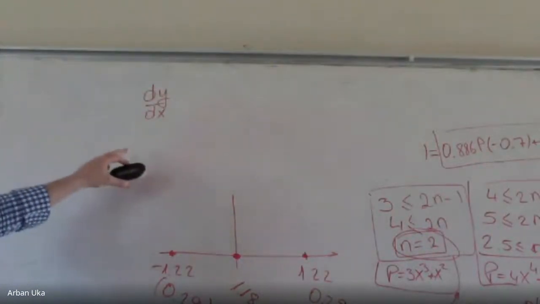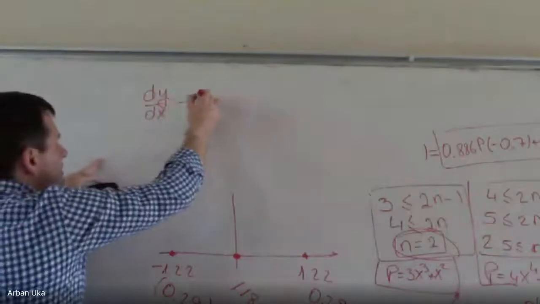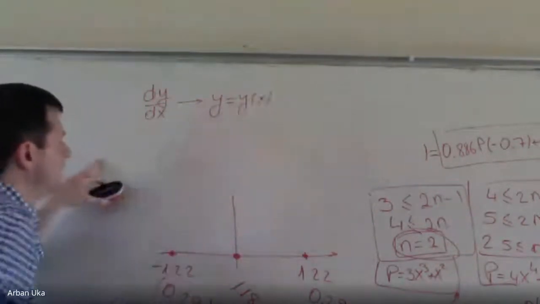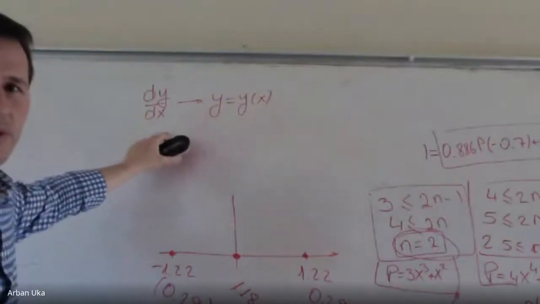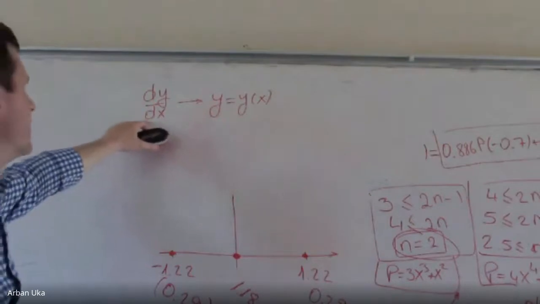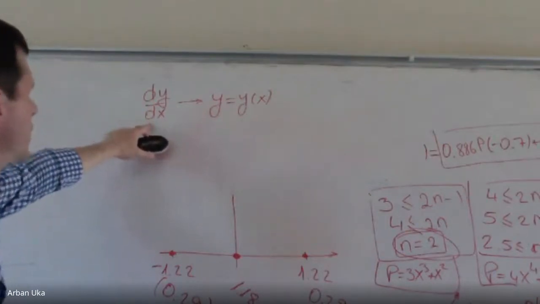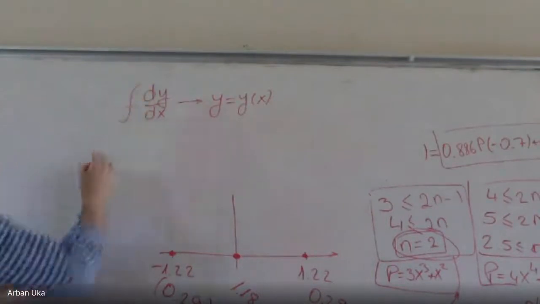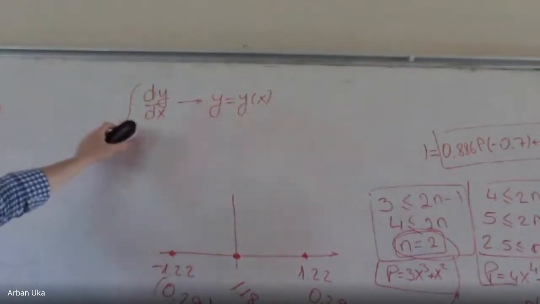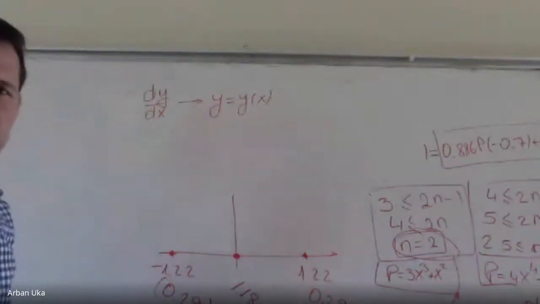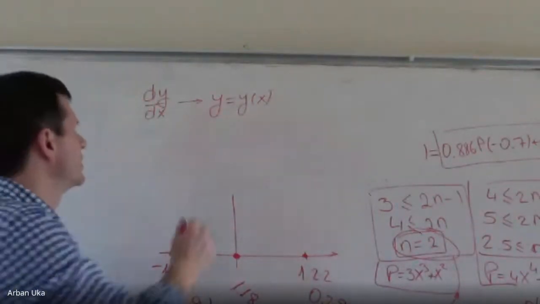You are given something like this, and then the answer should be y as a function of x. Solving this differential equation is equivalent to integrating, and integration is the operator which is the inverse of the differential. Once you apply the integration, you need the constant of integration, and this is solved by being given an initial condition.